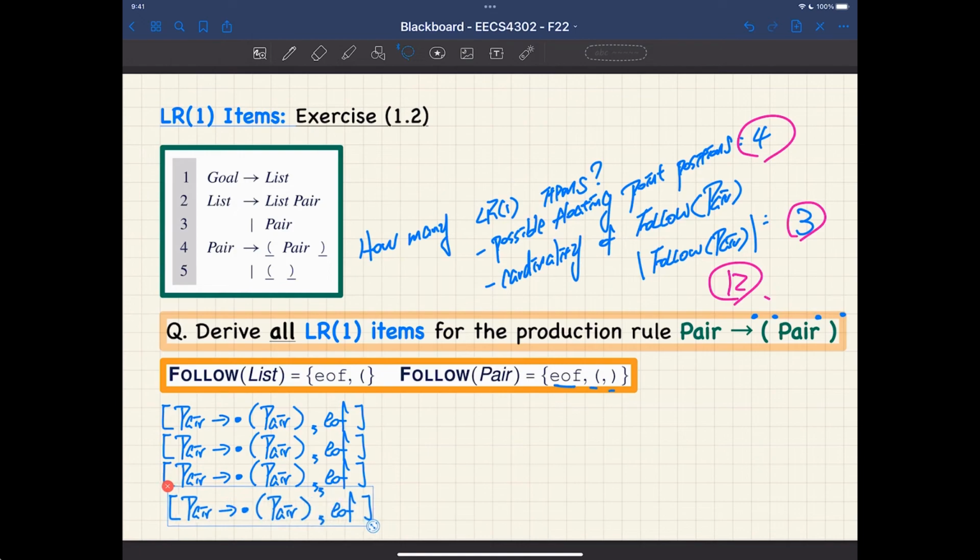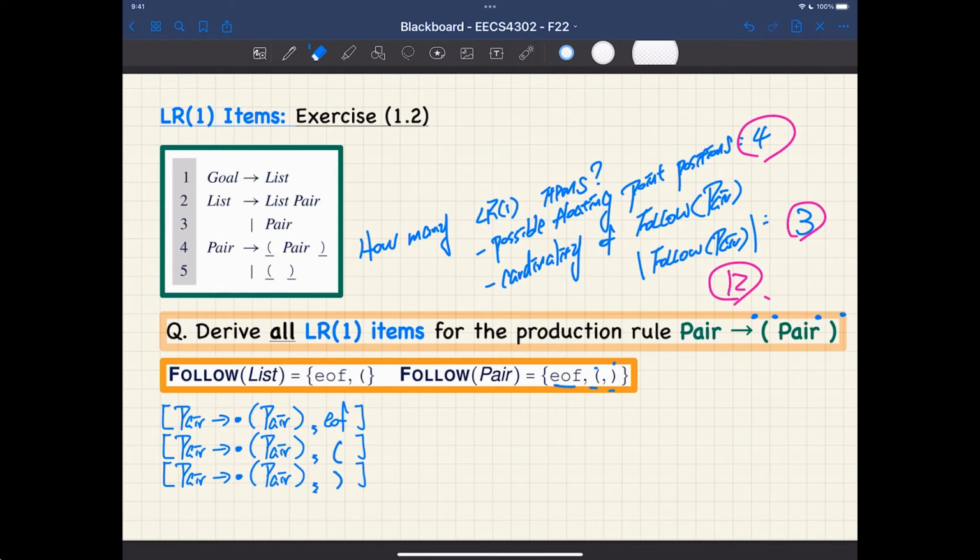Okay, 1 here, and I got some extra over here. So it can be EOF, it can be opening parenthesis, it can be closing parenthesis. Oh, just 3, I beg your pardon, just 3, because the cardinality is 3.